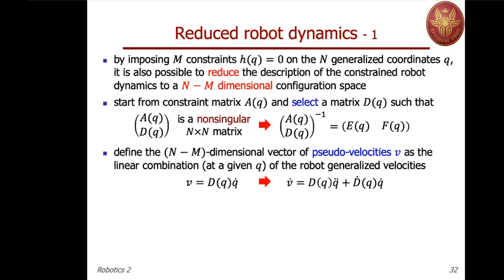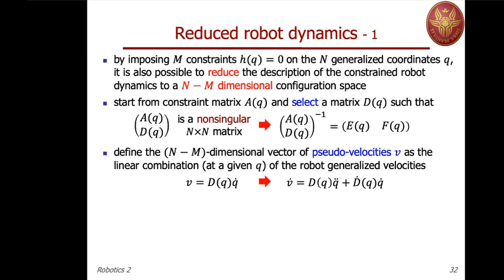In fact, we will see that the pseudo-acceleration, which is nothing else than the time derivative of the pseudo-velocity v, will be the only acceleration that appears in the reduced model. So let's write this pseudo-acceleration by taking the derivative of v, and we will have v dot. Again, we take the time derivative of the right-hand side. We will have D of q times q double dot plus D dot times q dot.